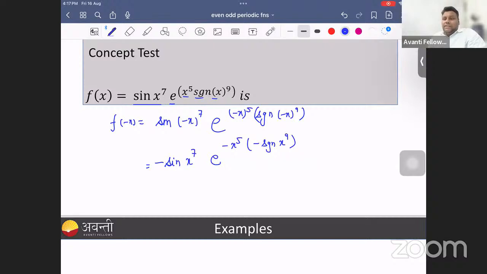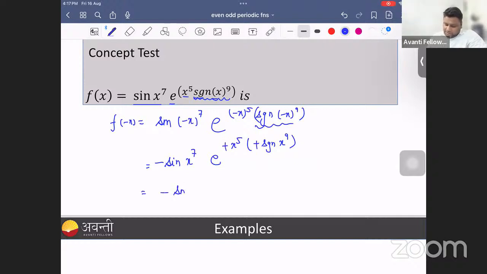Because why have I done this? Whenever x is positive, signum x will be plus 1. But if x is negative, signum of x will be minus 1. So if signum of x to the power 9 is positive, the signum of minus x to the power 9 is negative. So this minus and minus will become positive.